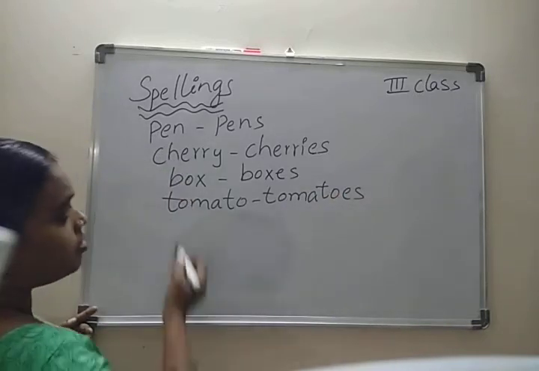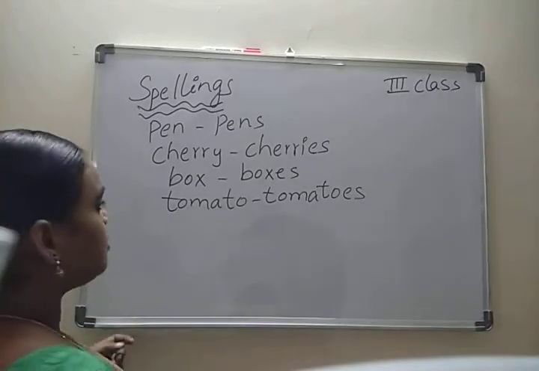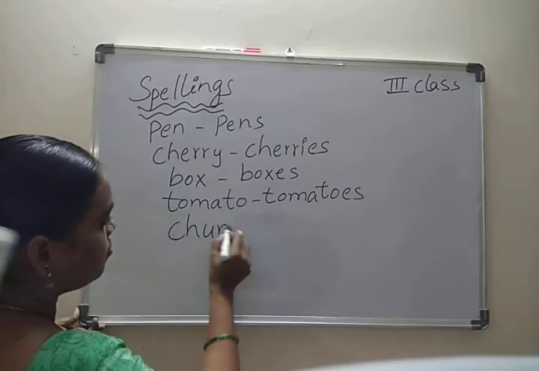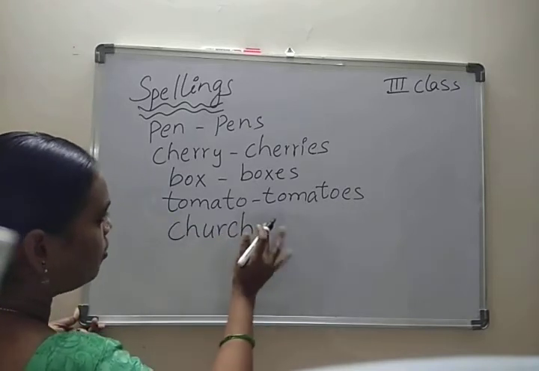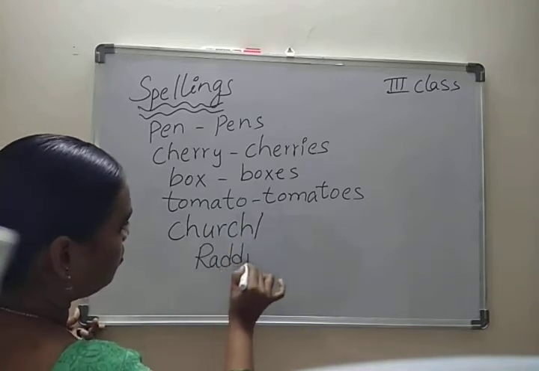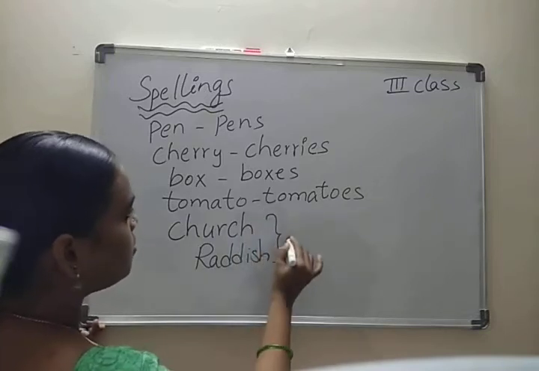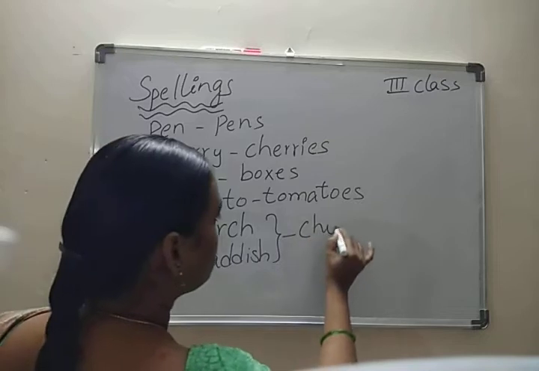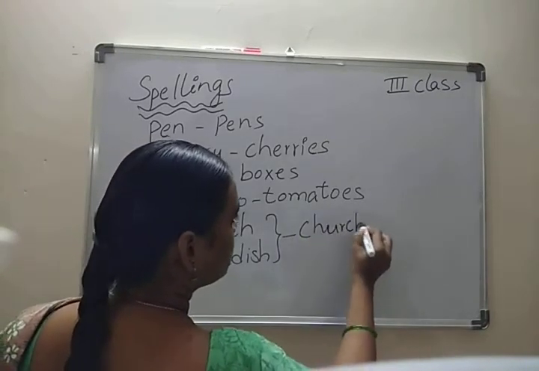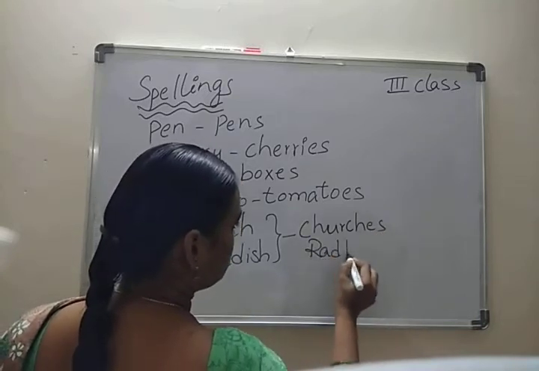Tomatoes. Next, more? Yes? Church or radish. So these two are the same. So how do they change? Churches or radishes.